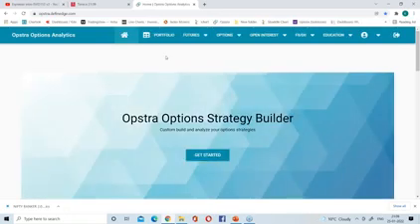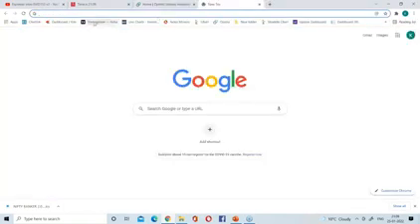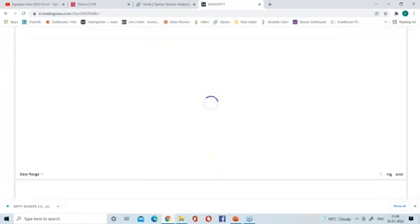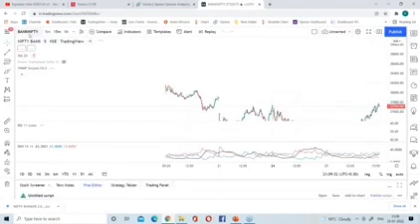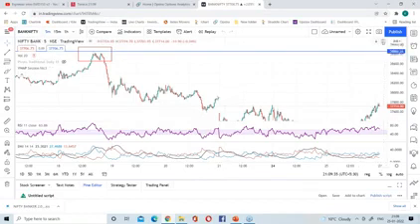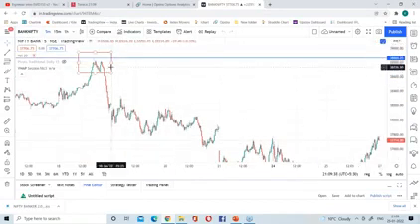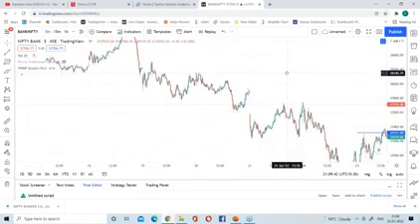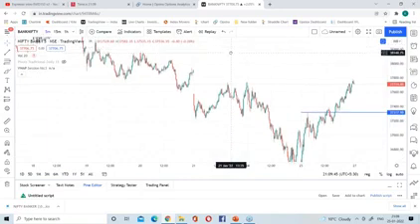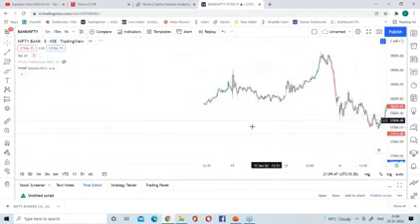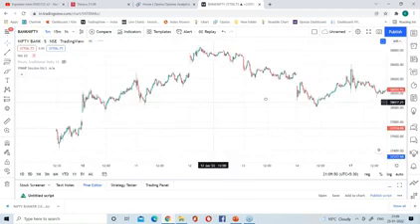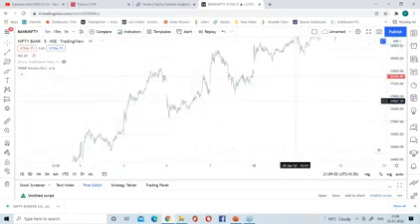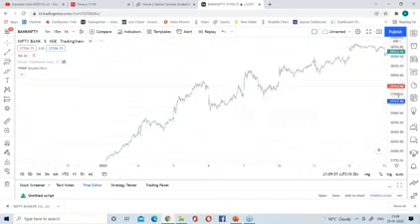So now we can take any example for any kind of directional movement. This is the Bank Nifty chart. We should go for a week where we can see a directional movement the whole week. This could be the week.